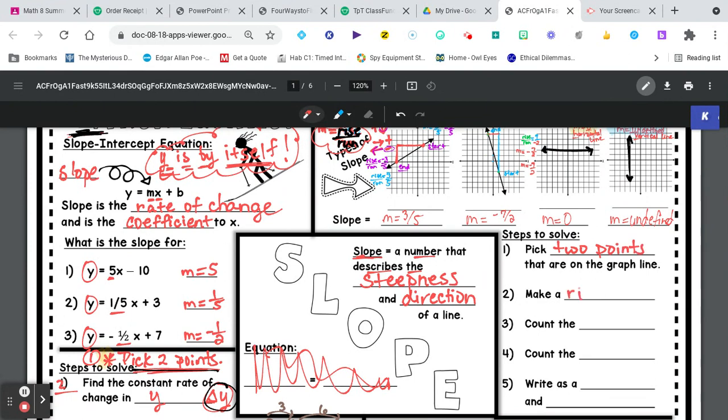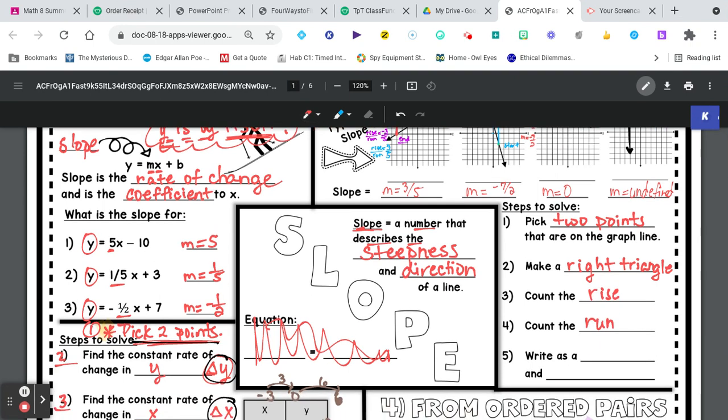Make a right triangle. Count the rise and then count the run. And then write it as a fraction and simplify. That's what that should have on it, okay? Sorry about that. I didn't even see it.